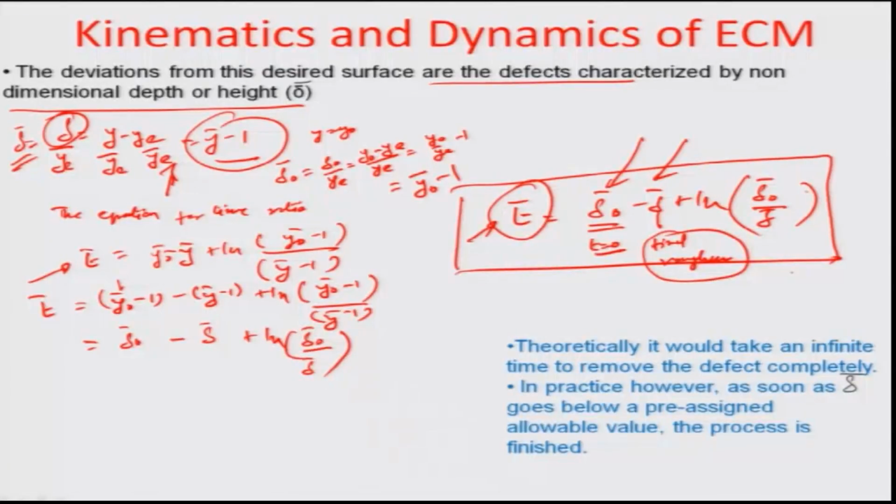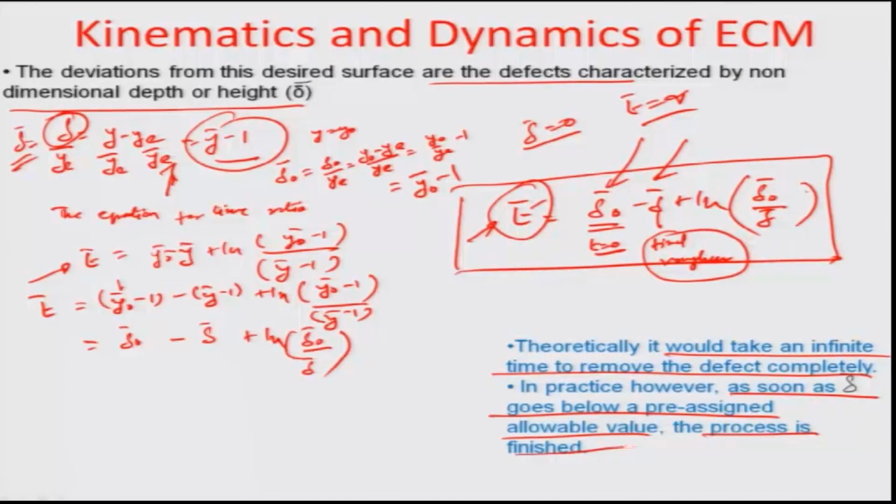Theoretically, it would really take an infinite time to remove the defect completely. In other words, as you approach a situation where delta dash is 0, theoretically t dash should be equal to infinity. So, that does not happen. But practically speaking, as soon as delta goes below a pre-assigned allowable value, the process is finished, and that is about the final roughness that can be obtained from an ECM process.